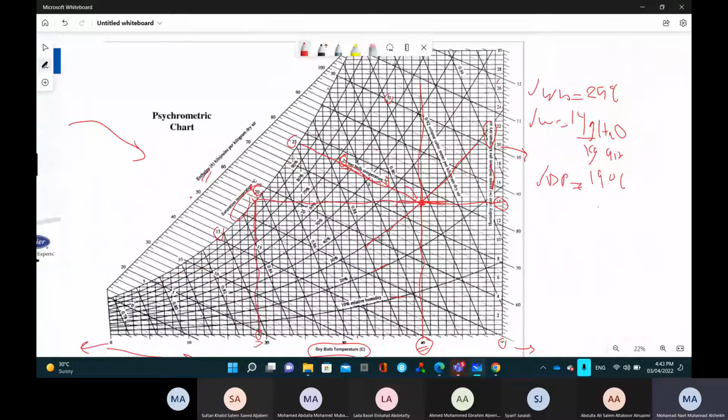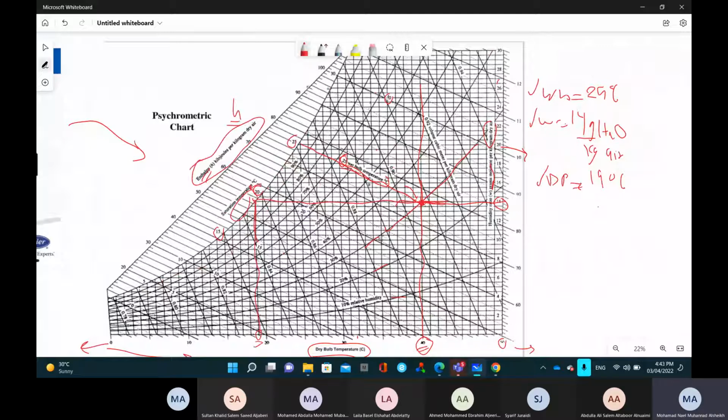Now we can find one more thing, the last property, which is the enthalpy. Enthalpy is H, which we can use to calculate the energy when doing cooling or heating, by subtracting the enthalpy after doing the energy balance between the two points. But in this case we'll find the enthalpy at just this point here.